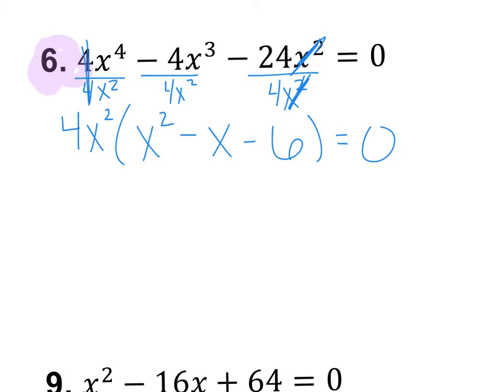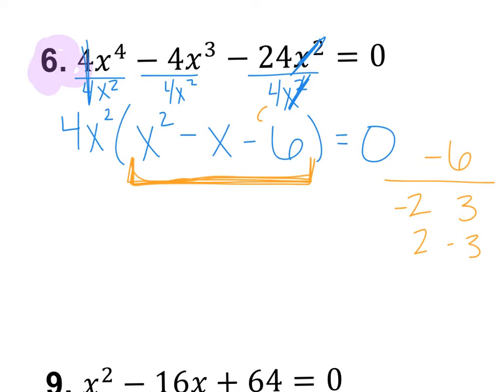All right, am I done? No. Good. All right, so I need to try and factor what? I need to try and factor this piece right here more, right? Because that looks like something I've seen before. Okay? So, can I take out a GCF? No. Good. I need to get my C, right? So negative 6. What are some factors of negative 6? Good. 2 and 3, but one of them's got to be negative, right? 6 and 1.